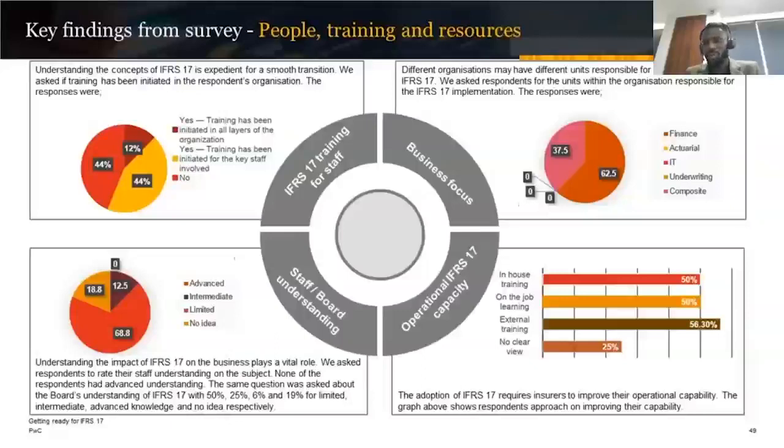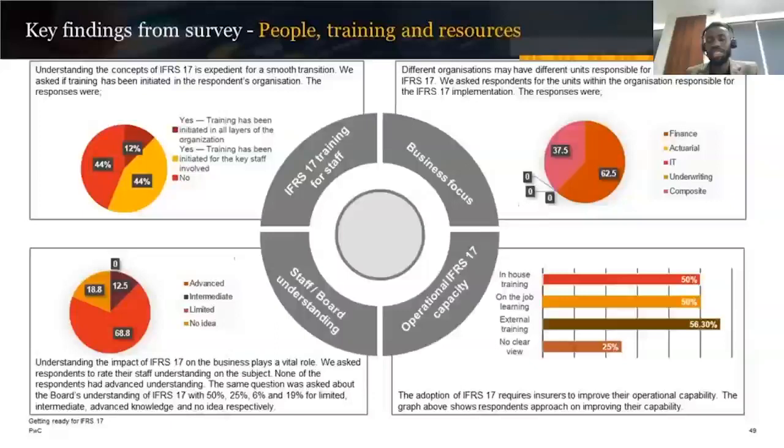Now, we also asked about the approach to building capacity locally amongst insurers in Nigeria, and people provided a combination of factors. About 50% said they're building capacity in-house, basically trying to reach the standard and understand what it presents.